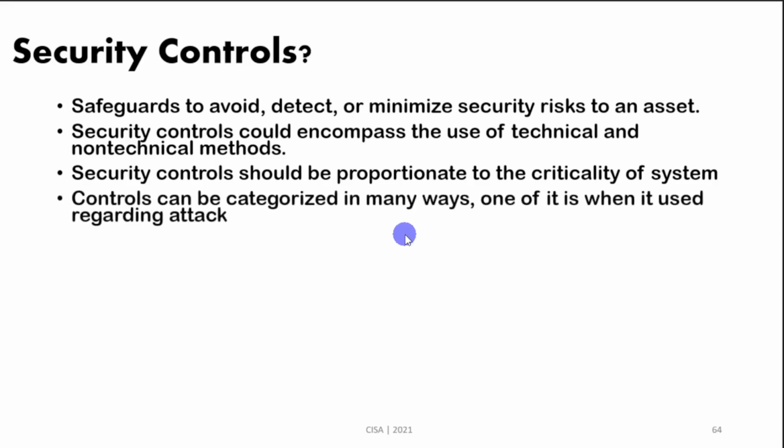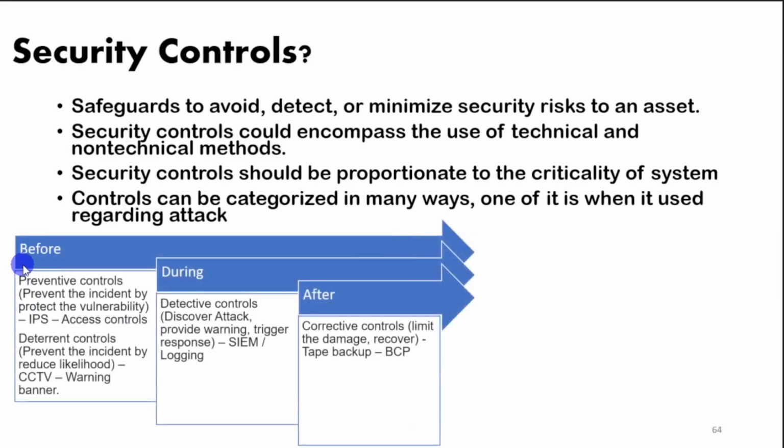Controls can be categorized in many ways. One way is when we use the control in regard to the attack. We have controls that we can use before the attack, controls that we can use during the attack, and controls that we can use after the attack. For instance, controls used before the attack are a kind of preparation.